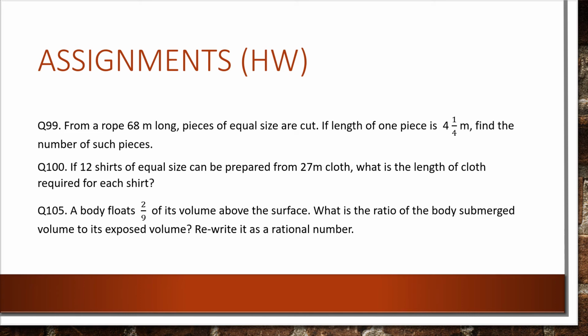These two we need to find out. Ratio of the submerged volume to the exposed volume, and then rewrite your answer as a rational number. Okay, so I've just given you a hint. If 2/9 is above, that means the remainder 7/9 is below. Now I hope you can do the rest of the sum.